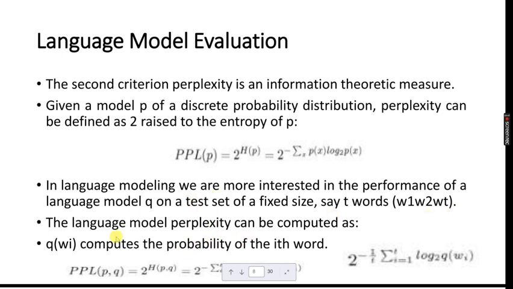This can also be computed as Q of Wi, which computes the probability of the ith word, that is, whatever word you are going to predict. That word you can use with the help of this formula. So in place of x, you can use i equals 1 to t, so that you can calculate the required ith word related probability.